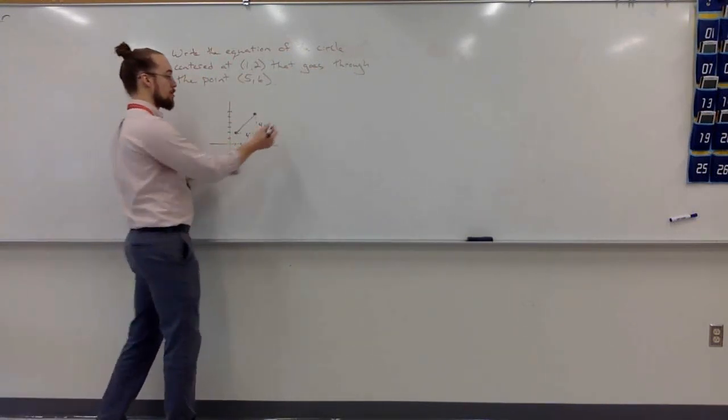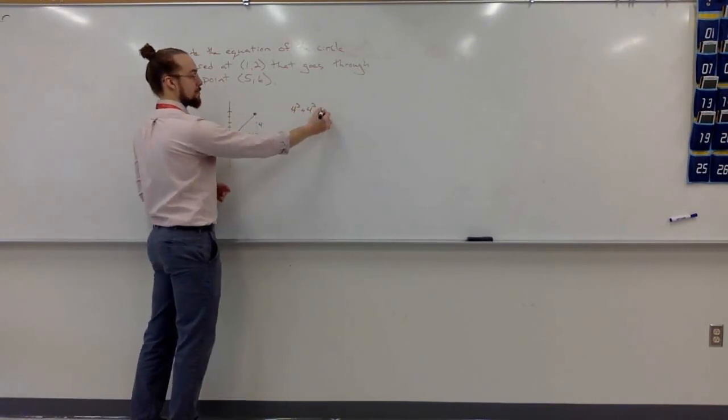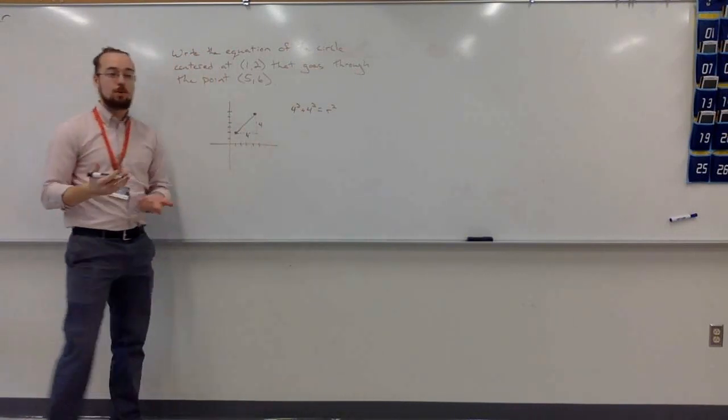So to find this length, we're doing 4 squared plus 4 squared equals, this is the radius in this case, so I'll call it r squared.